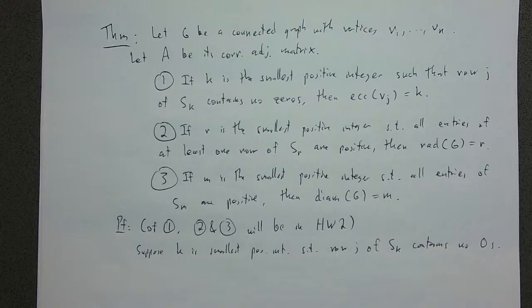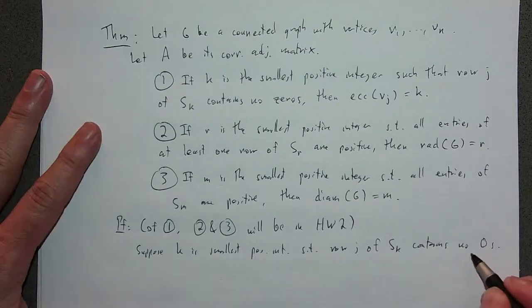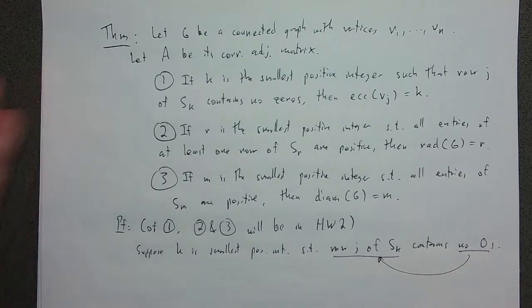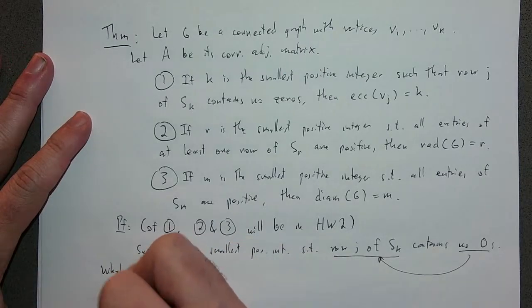So there are no zeros in row j of S sub k. So then what is the distance from v sub j to any other vertex? So what does this say?